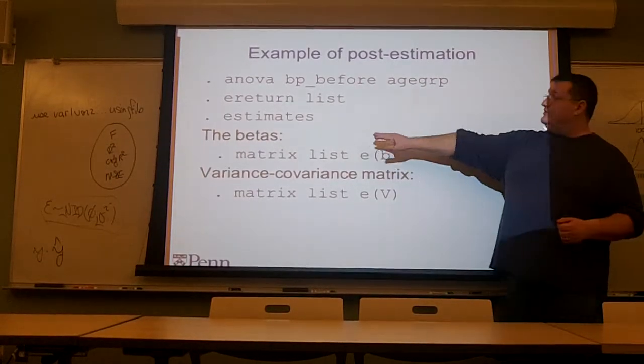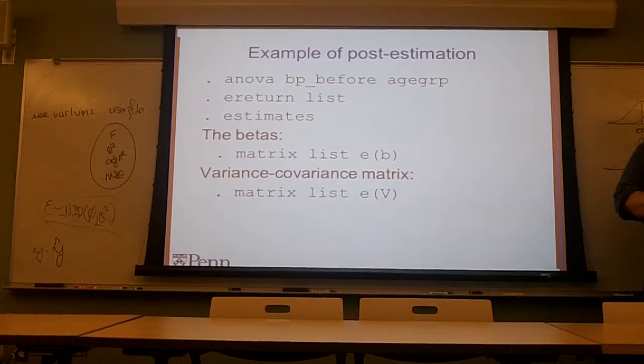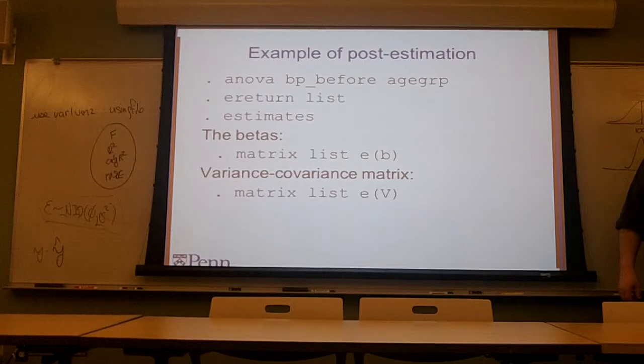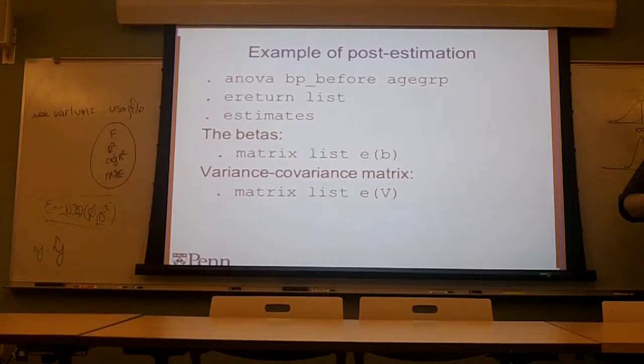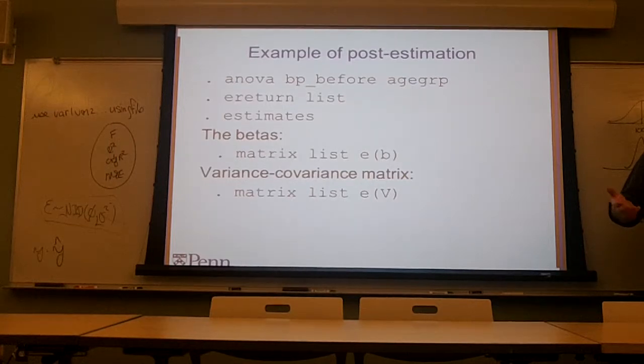The other thing that you can do after you do an ANOVA is if you type in the word estimates, it'll give you your beta coefficients, your parameter estimates from your regression, because I'm telling you, regression and ANOVA are the same thing. Every ANOVA is a regression, but not every regression is an ANOVA.